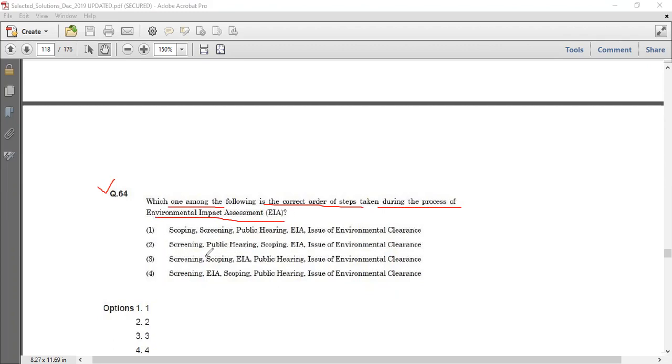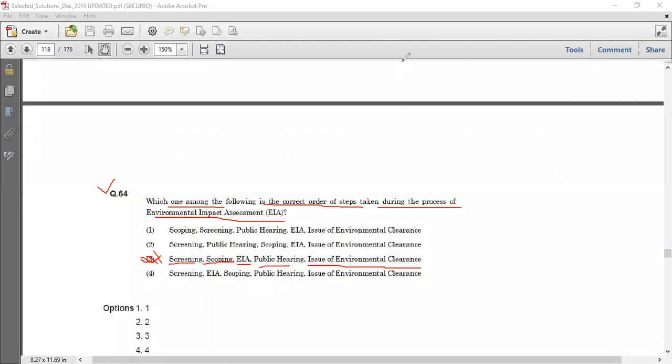First we have screening, followed by scoping, followed by EIA, public hearing, issue of environmental clearance. These are the steps of the EIA, in the correct order. So third is the correct answer for 64.